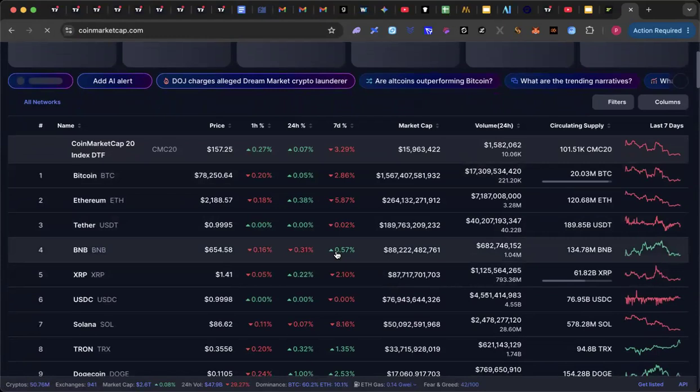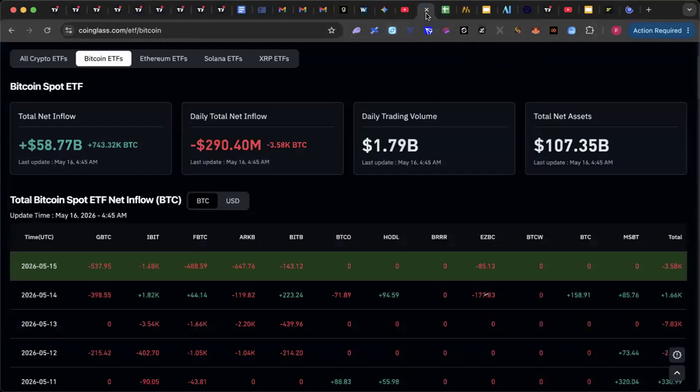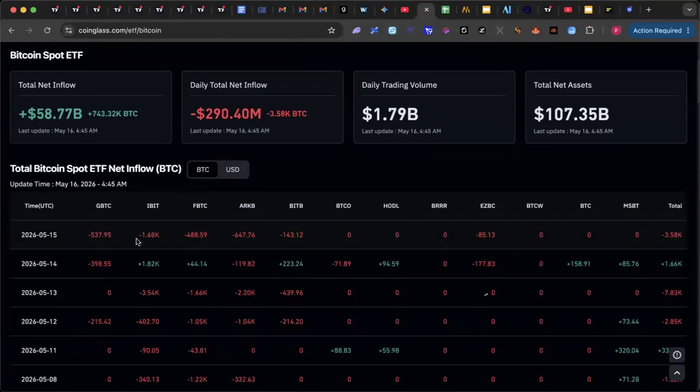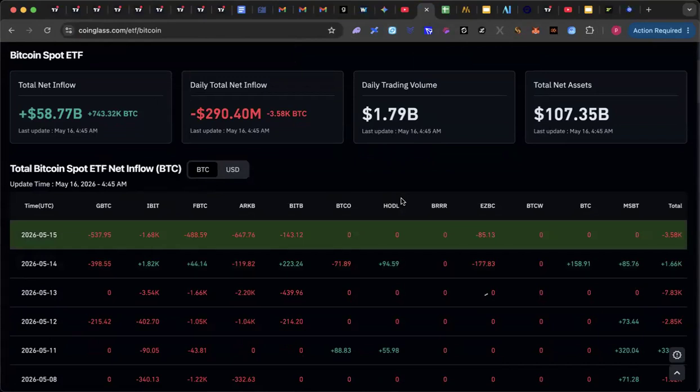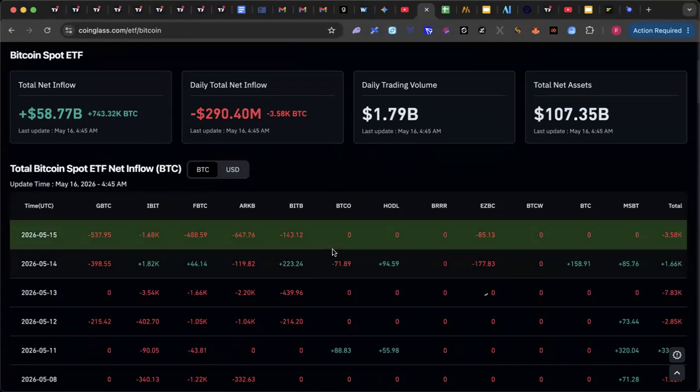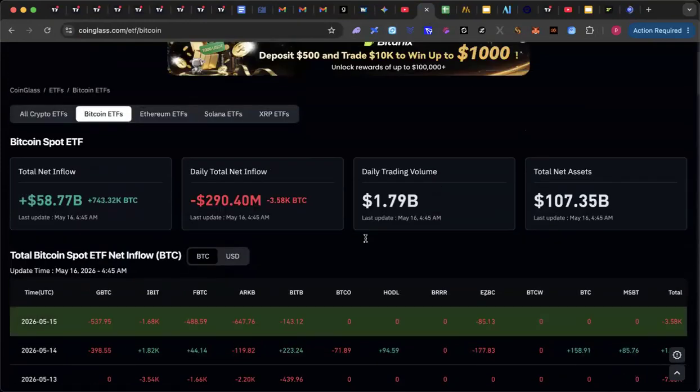This cycle we are in now is not a cycle of all cryptos; it's a cycle of majors. The guys controlling the market now are these ETF guys. Forget any other person. These are the guys with the money, the guys with the bullion van. Whatever they do to the market is what the market will answer to.